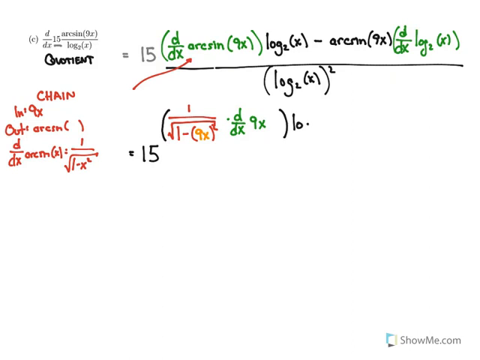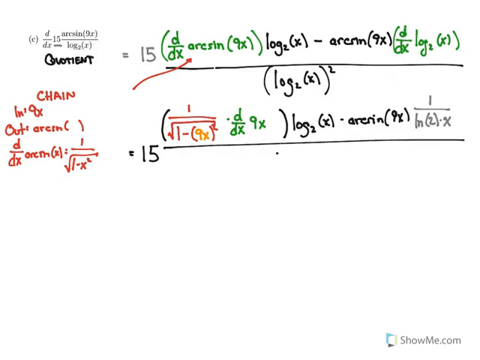Then we have log base 2 of x minus arc sine of 9x, and then times the derivative of log base 2 of x, which is going to be 1 over natural log of 2 times x. And all of this is over log base 2 of x squared.